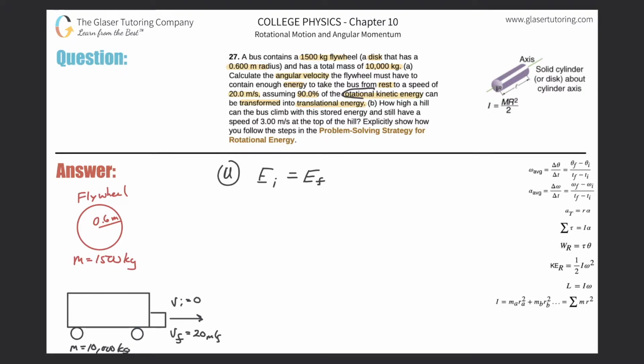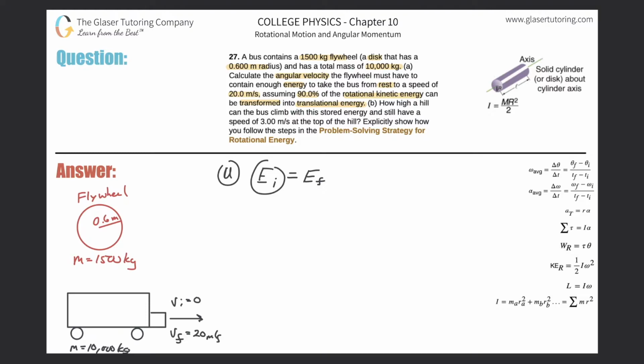They said that there's some rotational kinetic energy that's present, and then it's being transformed into this translational energy. Translational is just a fancy word for linear. So if you think of linear energy or energy of motion, you're thinking kinetic energy, right? 1/2 mv squared. So that's basically the two types.